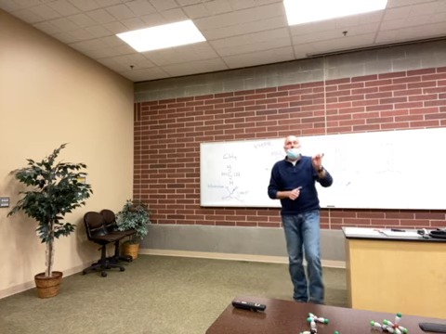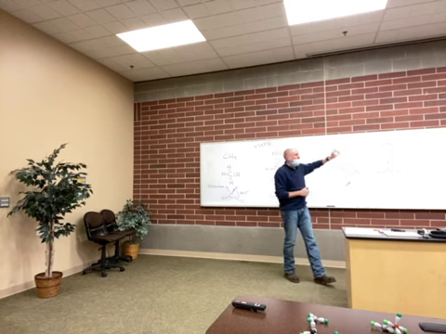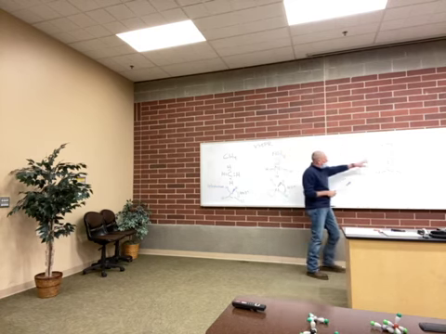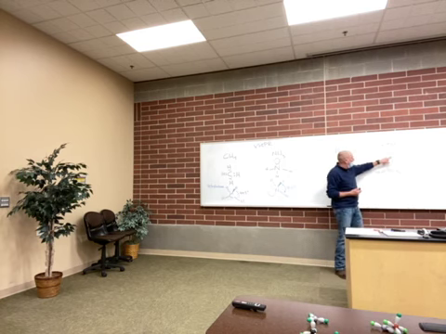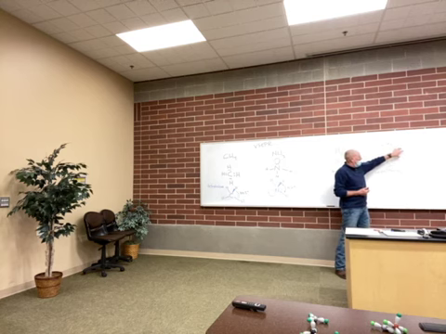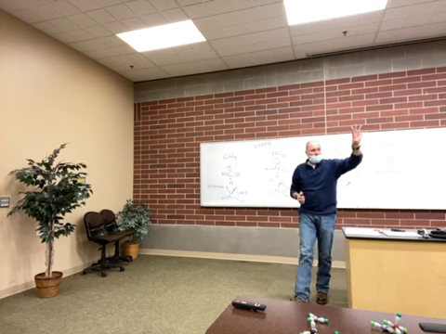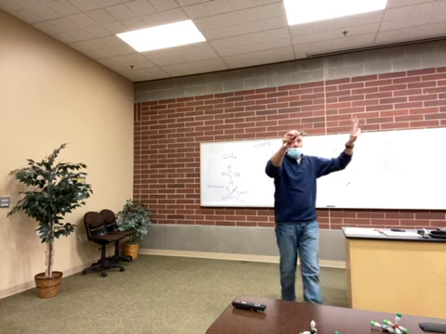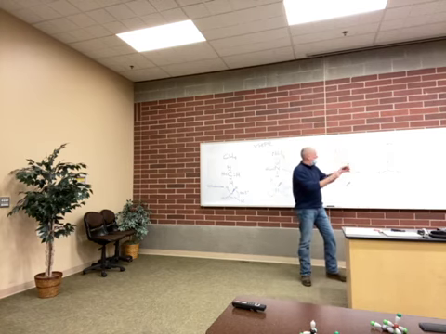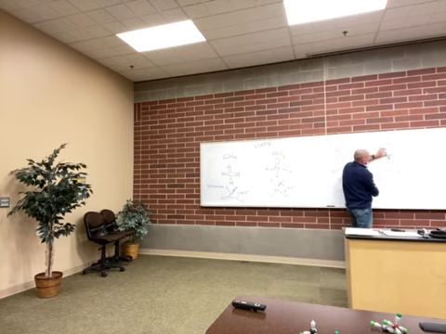What is the predicted geometry using VSEPR for this oxygen? Notice, electron domain, electron domain, electron domain. 3 electron domains. What's the geometry there? Trigonal planar. So it looks like that.